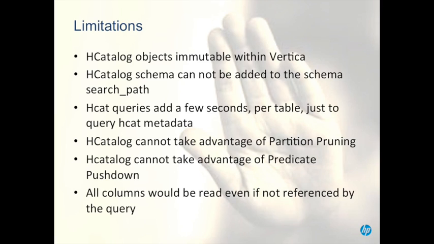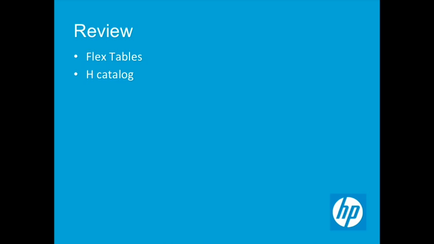Okay. So that's pretty much Flex Tables and HCatalog in the short form today. We are definitely open to some questions, but the idea here is that Flex Tables is a new product being offered by Vertica. It's allowing you to bring in your semi-structured data directly into Vertica.